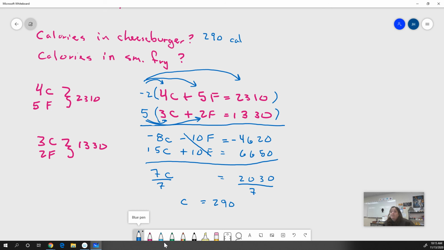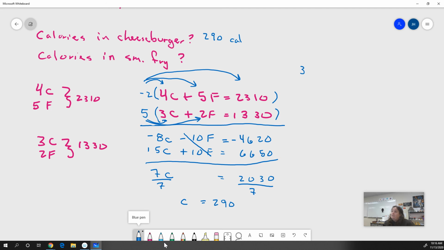What I still need to know is how many calories are in a French fry. But I have these equations right here, right? I have 4C plus 5F equals 2310. And I have 3C plus 2F equals 1330. So I can plug this 290 into either of these for C, and I'll find out what the fries are. I'm going to do the bottom equation just because the numbers are smaller.